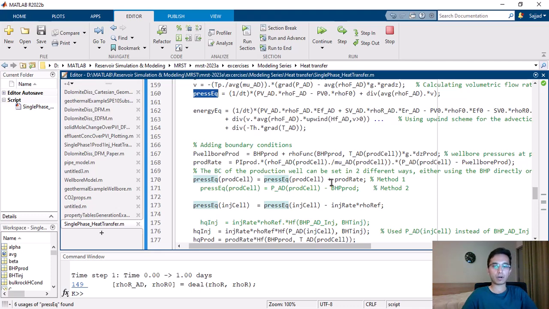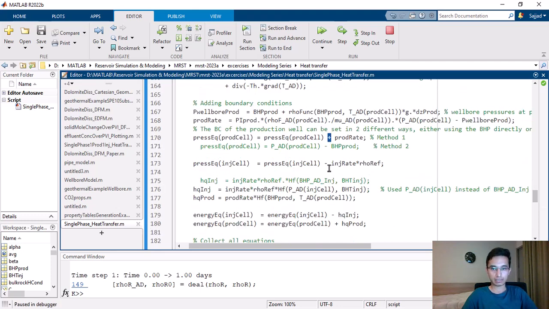That's why for the production rate we use plus values, and for injection rates we use minus values. For production rates, plus values. Because we moved this term from the right-hand side of the pressure equation or the energy conservation equation to the left-hand side, that's why the sign changes. All right, so great. We talked about this.